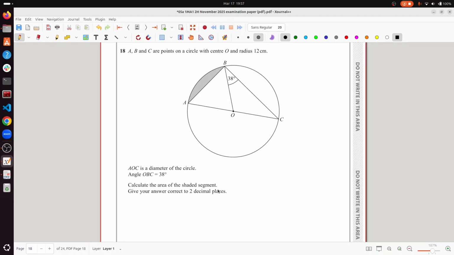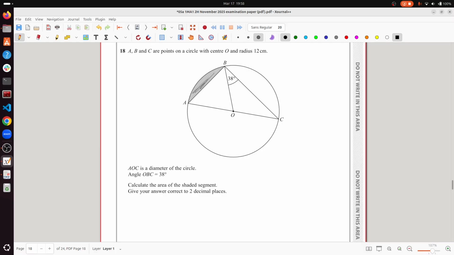For number 18, it says ABC are points on a circle with center O and radius 12 cm. AOC is a diameter of the circle. Angle OBC is equal to 38. Calculate the area of the shaded segment. How I handle questions like this is to look at the whole picture and break it down into smaller parts.